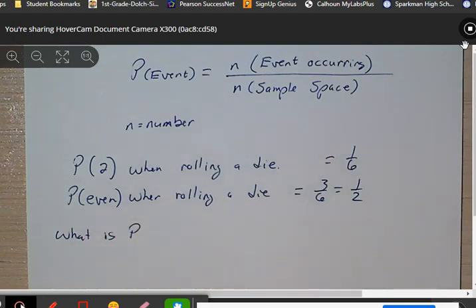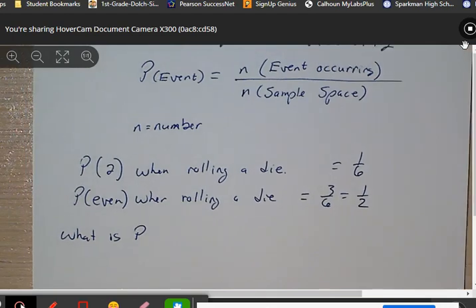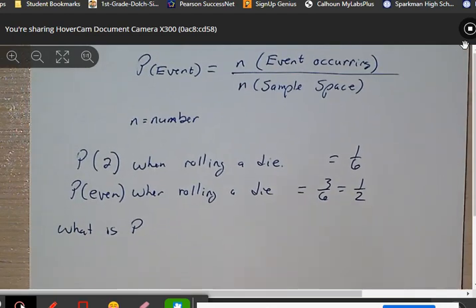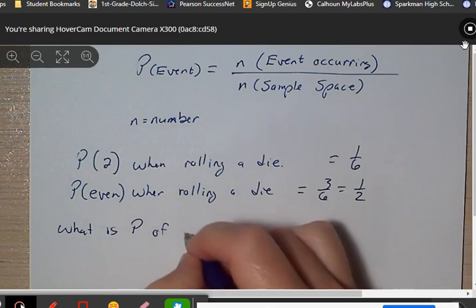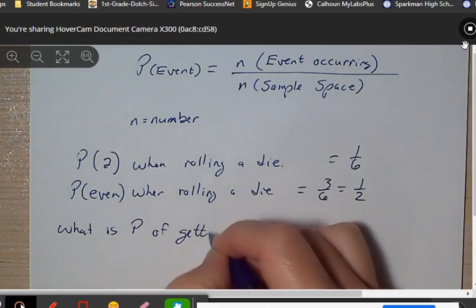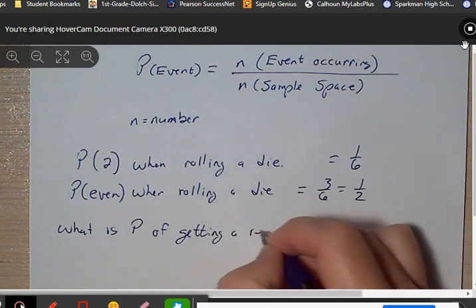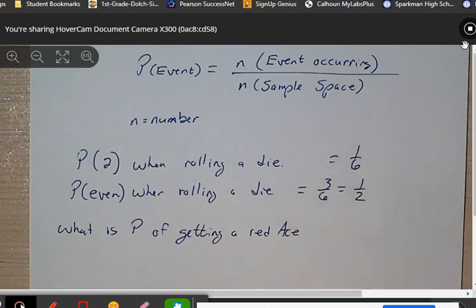And if you're not a card player, they do a lot with cards with these. They do a lot with dice when they talk about the probabilities. So it may be, what's the probability of getting a red ace from a standard deck of cards? Well, there are four aces in a deck.